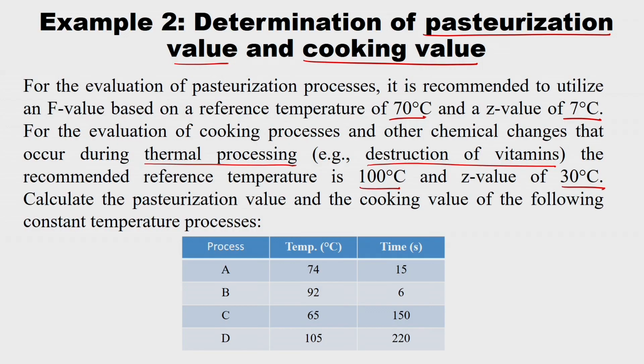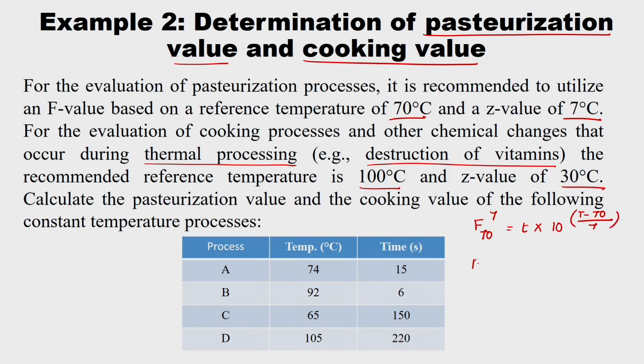So, calculate the pasteurization value and cooking value of the following constant temperature processes. We already know the F value. For pasteurization, the reference is 70 and 7, right. So, this is nothing but t into 10 to the power of (T minus 70) divided by 7.